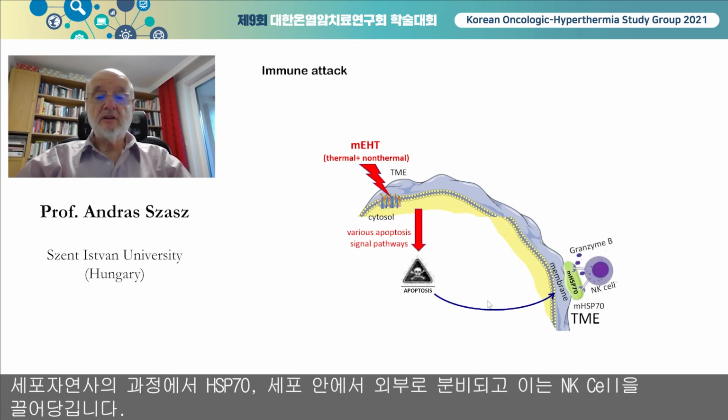This one secretes the membrane HSP70, so the HSP70 from inside goes outside of the membrane, which is an attractor for NK cells, or natural killer cells, part of the innate immune system.